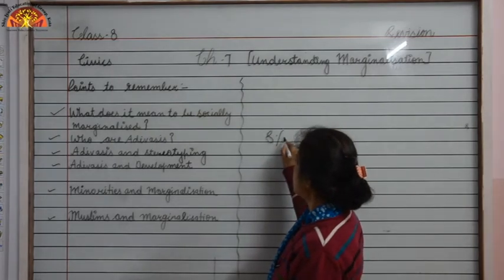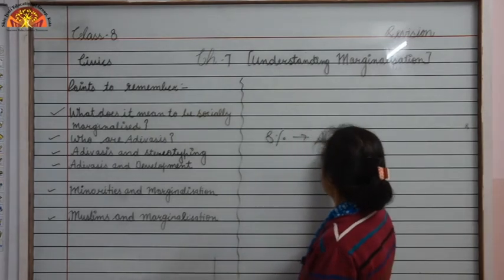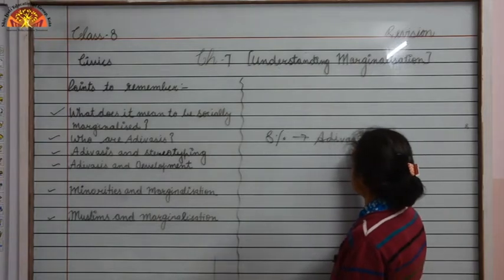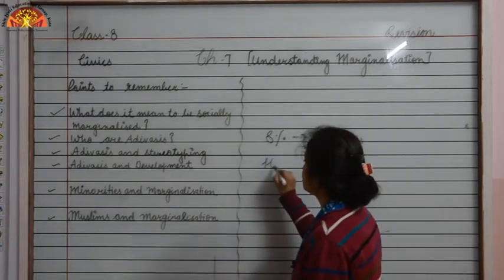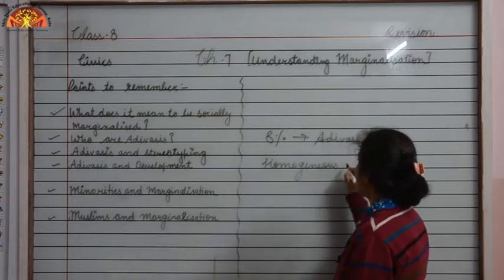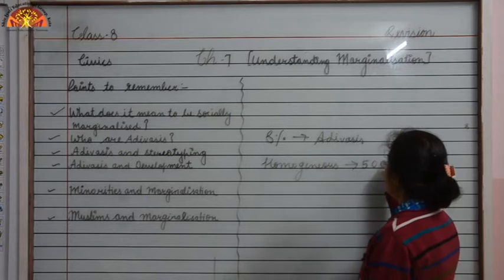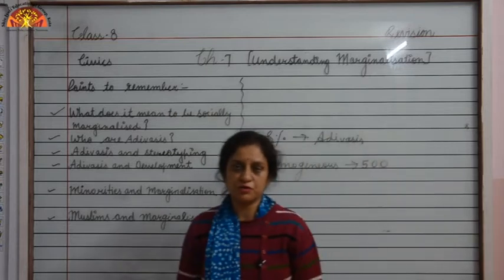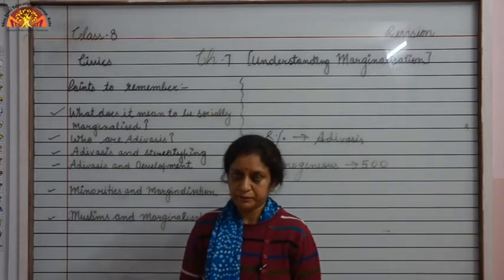If we talk about India, about 8% of the India's population are Adivasis. Okay students, and they are not a homogeneous. There are more than 500 different groups of Adivasis in India.